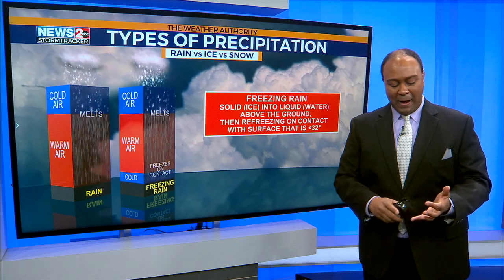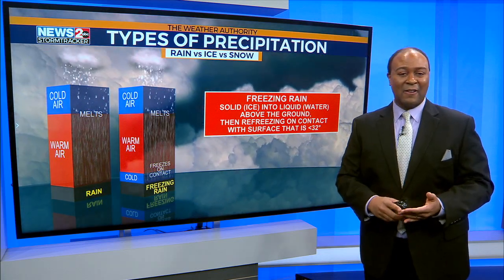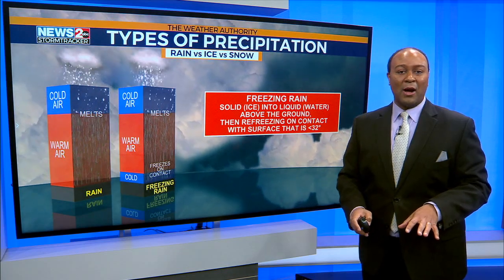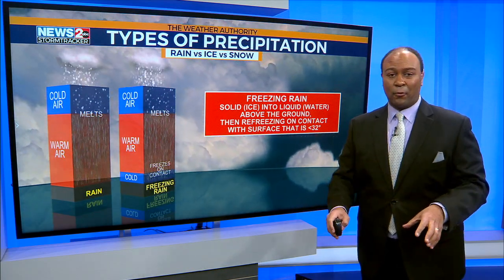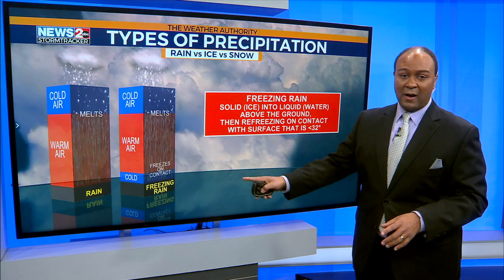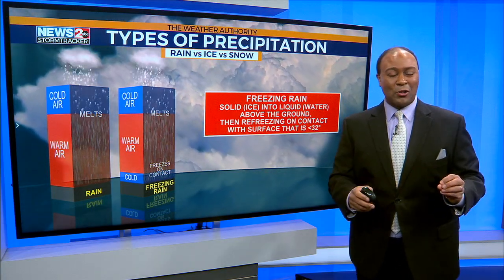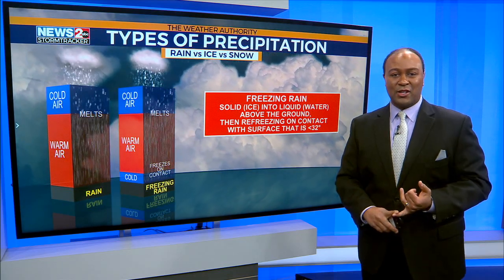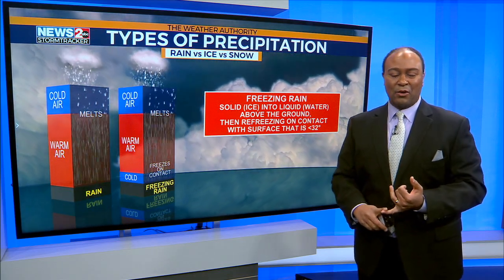That's why we talk about bridges, overpasses, and elevated surfaces freezing a lot quicker sometimes than the ground level. But if all of that is below freezing, this turns into a sheet of ice. So freezing rain is the worst because that can lead to significant power outages, especially if the ice buildup continues to occur.